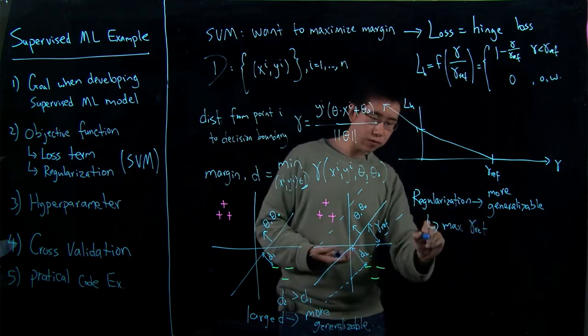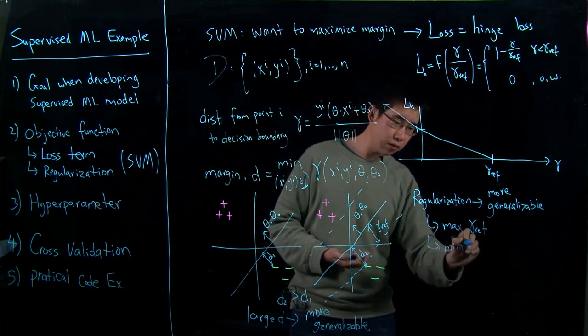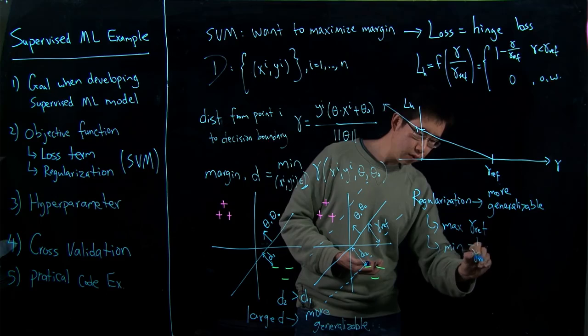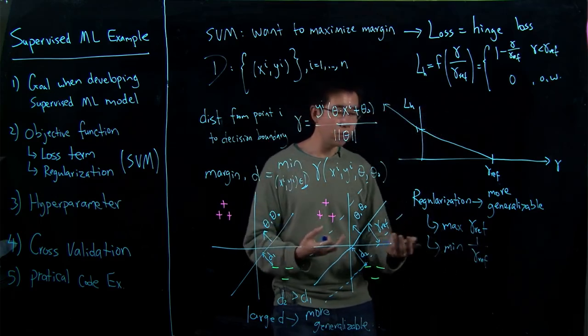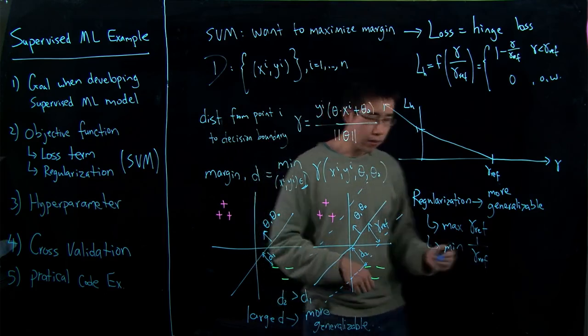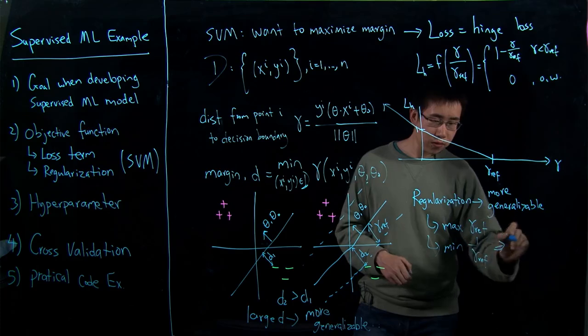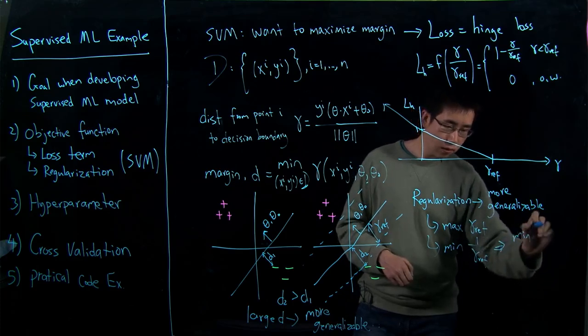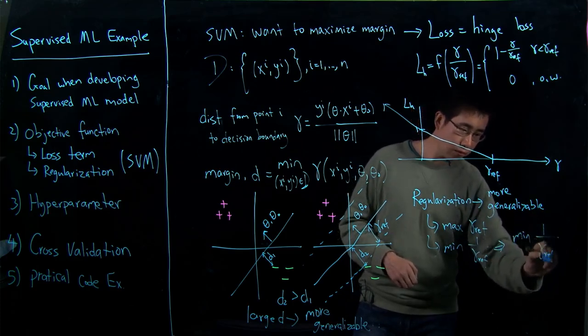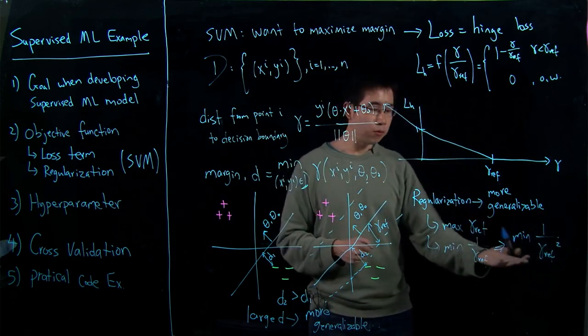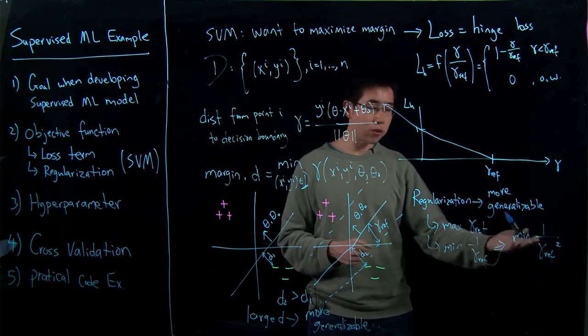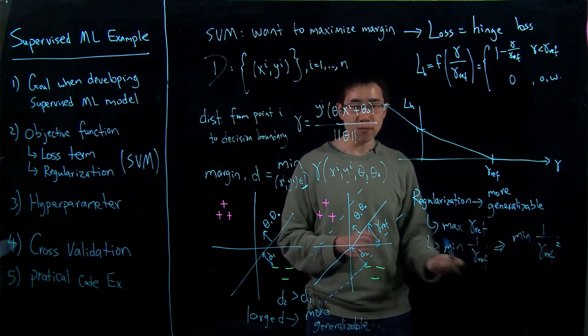In other words, this is the same as minimizing 1 over gamma ref, because in our objective function, we're minimizing the function. So we want to minimize something here. And in practice, what we actually do is minimize 1 over gamma ref squared, which achieves the same goal. It's just a convention to minimize 1 over gamma ref squared instead of 1 over gamma ref.